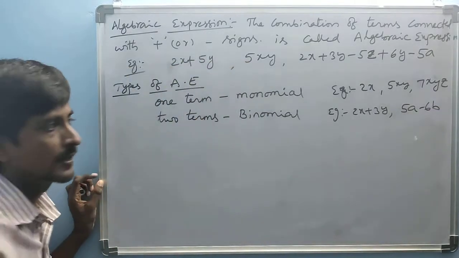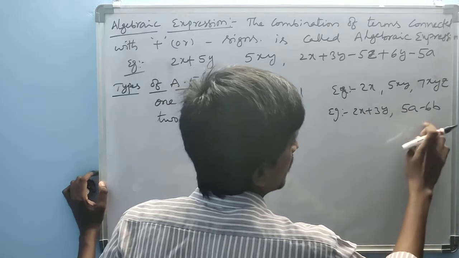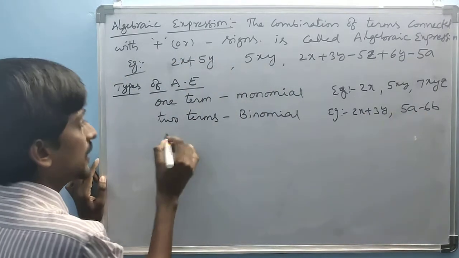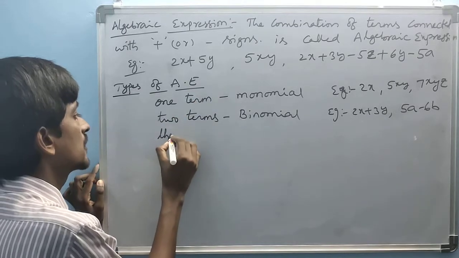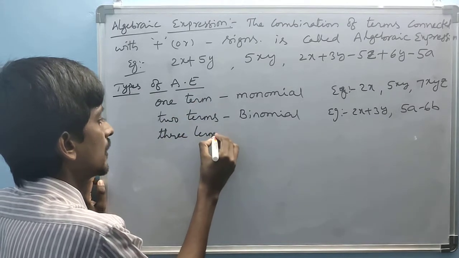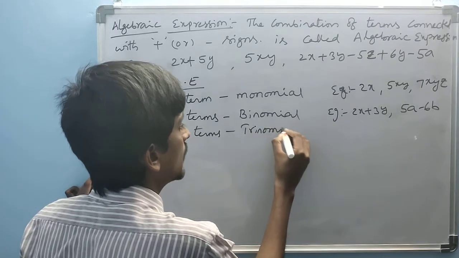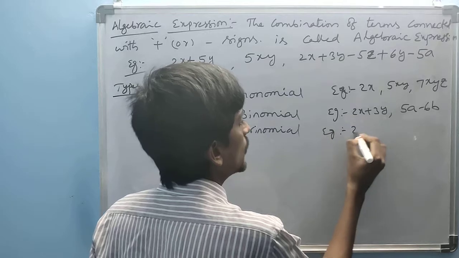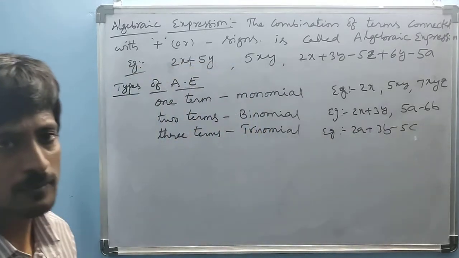Here 2x is one term, 3y is one term, 5a one term, 6b one term, two terms. Okay. An algebraic expression containing three terms is called a trinomial. Three terms. Example: 2a plus 3b minus 5c. That is one example.